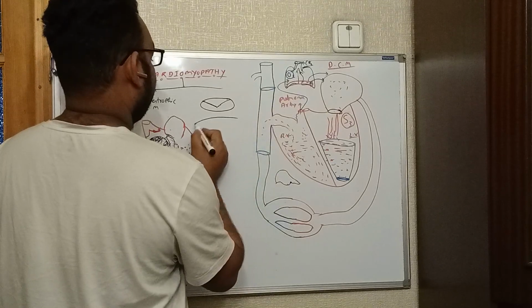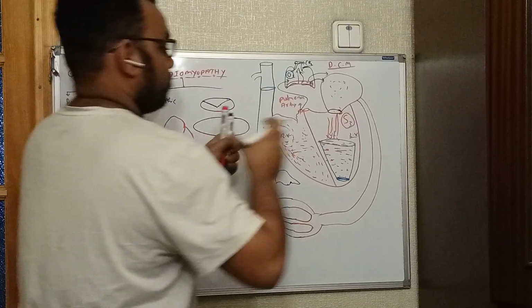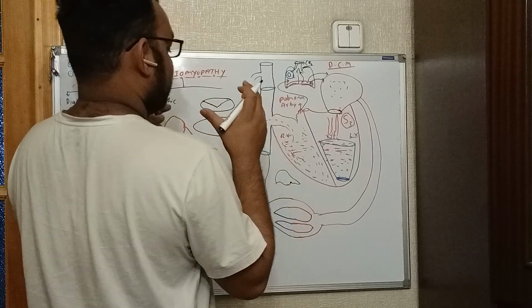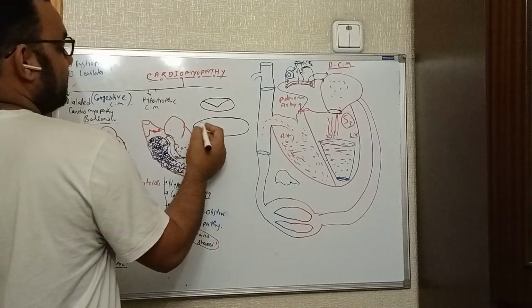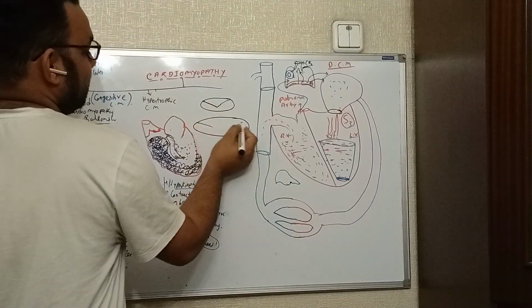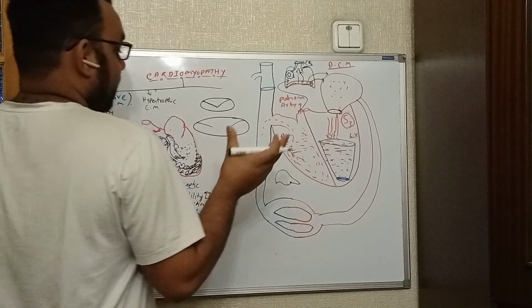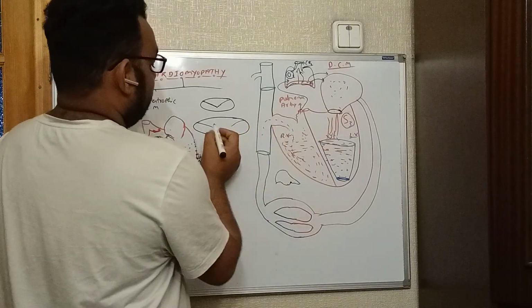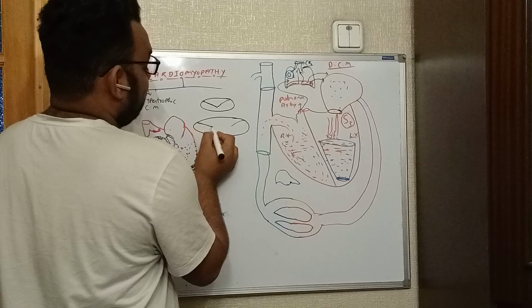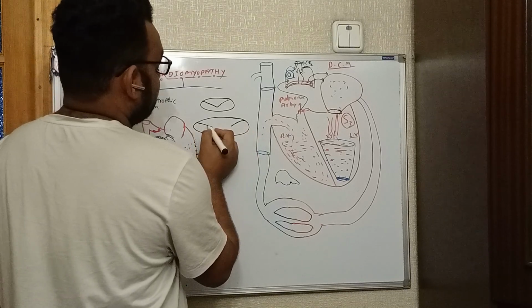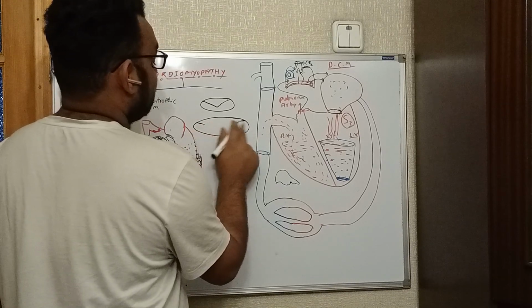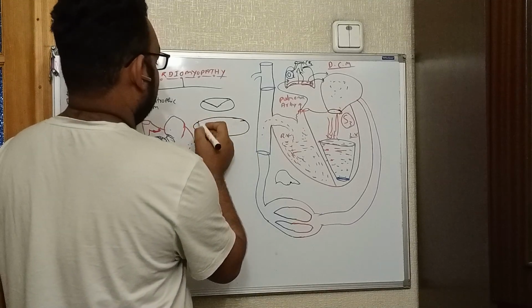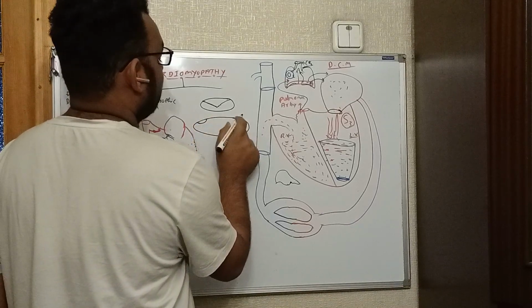That will be more. Whenever it is getting stretched, as a result, there will also be a stretching of the valve. So the leaflets are here and here. Now, during systole, the valves will not be able to come to each other to fuse. As a result, we will see these two leaflets go upward.